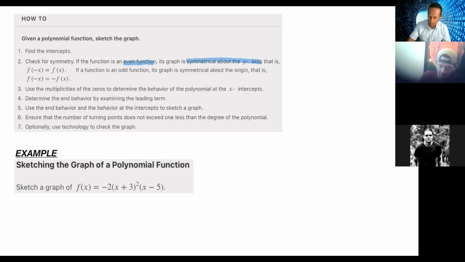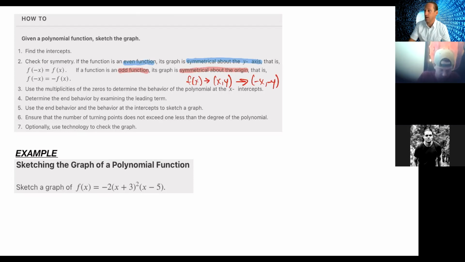And if it was an odd function, then it was symmetrical about the origin. And what that looked like was, in our original function, we'd have x comma y. Well, then if we also had an odd, it would be negative x, negative y.